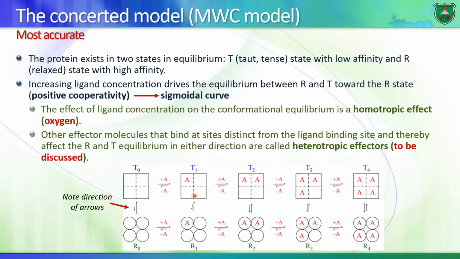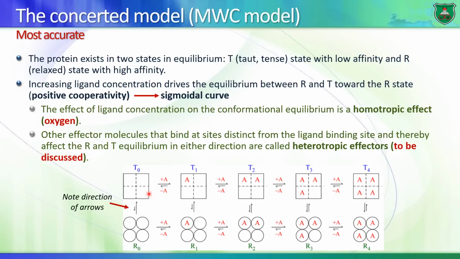Now let's add another oxygen molecule. Notice the arrows again. The equilibrium shifts a little bit also towards the formation of hemoglobin in the R form. You add another one, the equilibrium changes, and when a fourth oxygen molecule binds to hemoglobin, you have a higher proportion of hemoglobin in the R form versus the T form, compared to when oxygen does not exist.